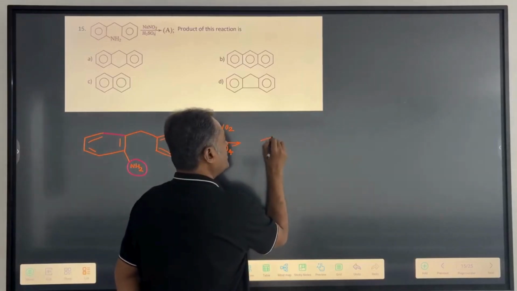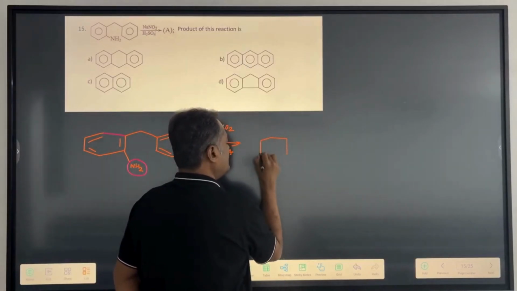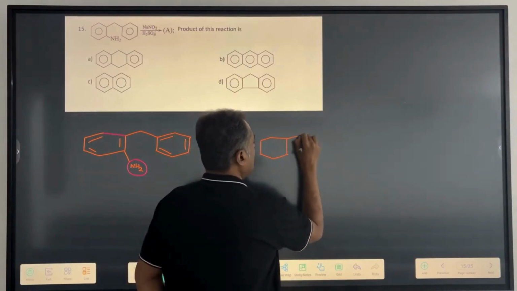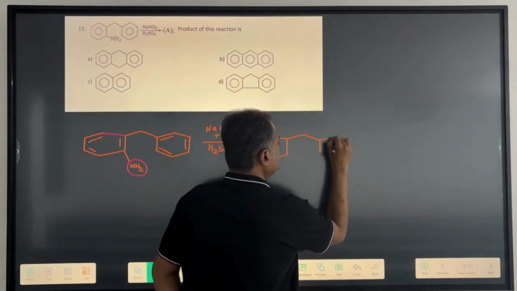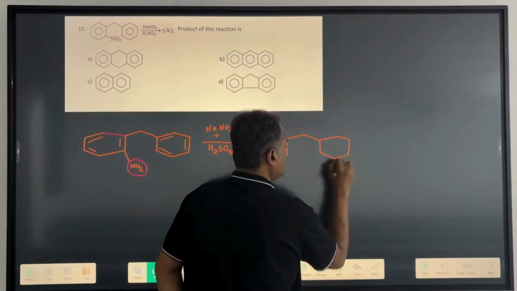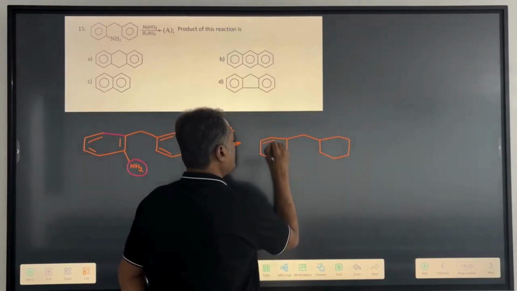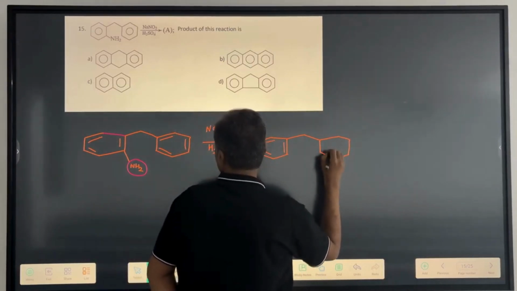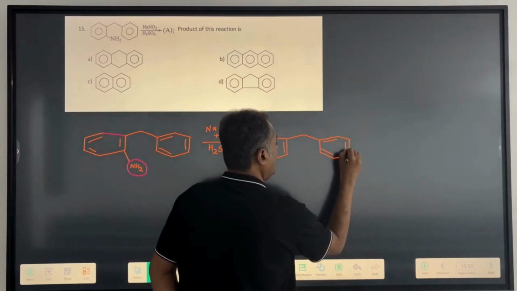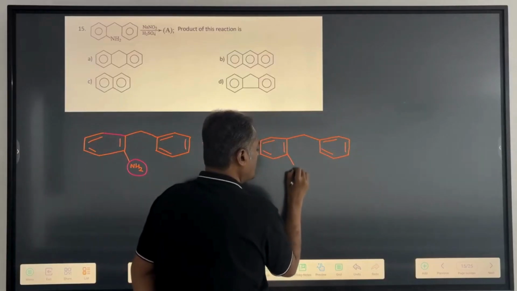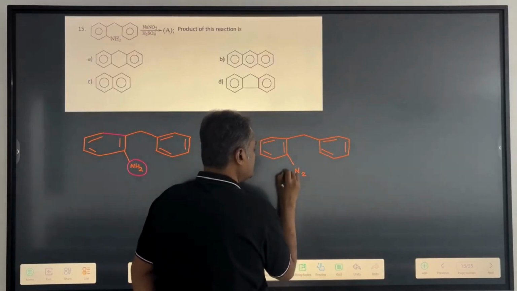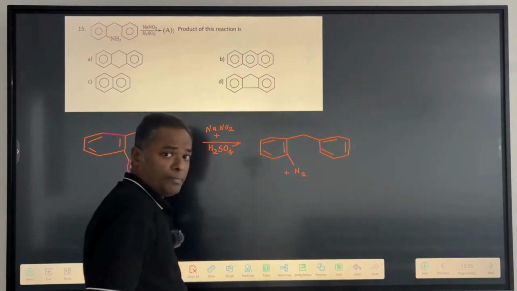So what are you going to get? You will be getting, like this, a benzene ring having a group, again a second benzene ring, correct? I'll just show the bonds properly inside the benzene over here also. Now here you will have something called an N2 plus group.